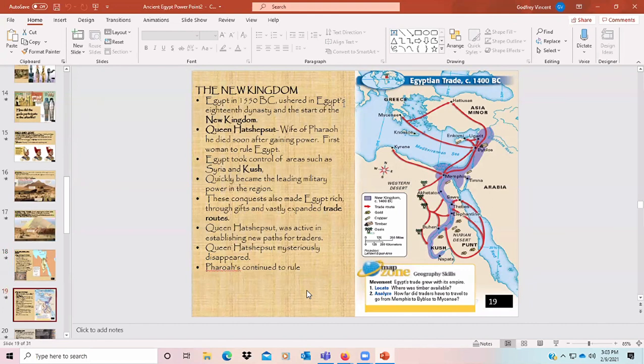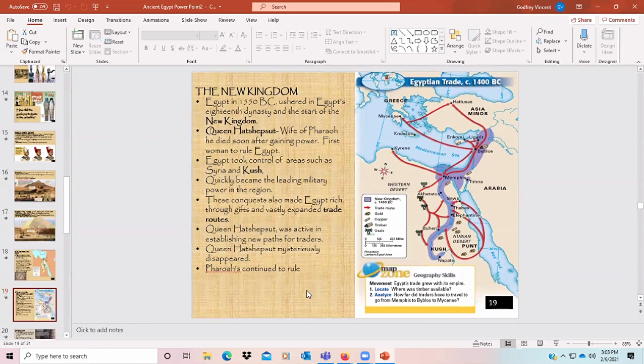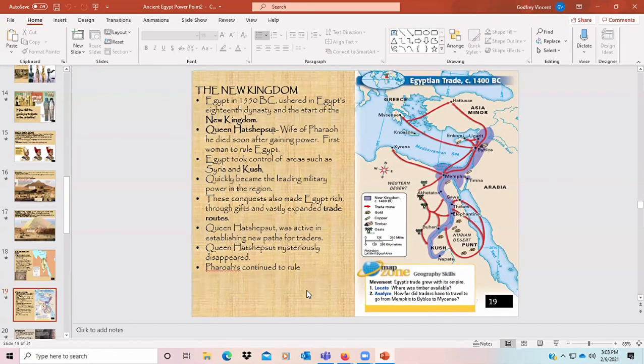So in the New Kingdom, here we're meeting for the first time a female pharaoh called Hatshepsut, Queen Hatshepsut. She became ruler when her husband died.